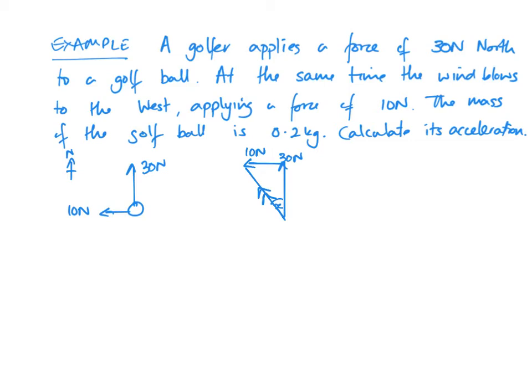So remember, a resultant force must include a direction. Right? In the simple 1D ones, the direction can simply be positive and negative. But in this case, we're going to have to work a wee bit harder. So using our Pythagoras first of all, adding the square of both sides.